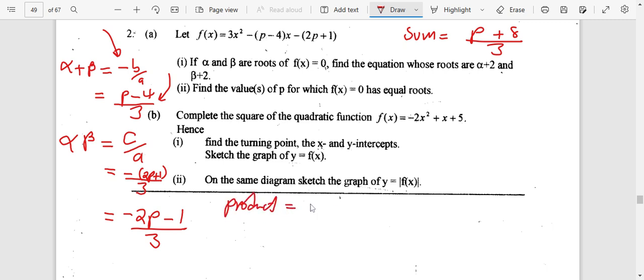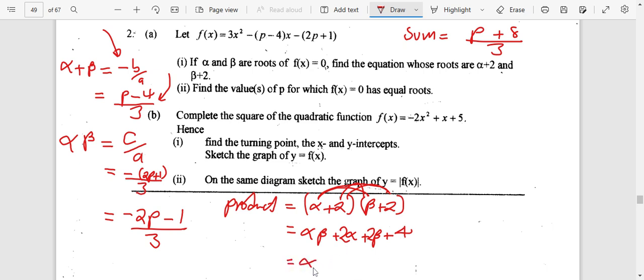The product is going to be given by the first root, alpha plus 2, multiplied with the second root, which is beta plus 2. If you do the multiplication, alpha times beta is alpha beta, alpha times 2 is 2 alpha, 2 times beta is 2 beta, and 2 times 2 is 4.